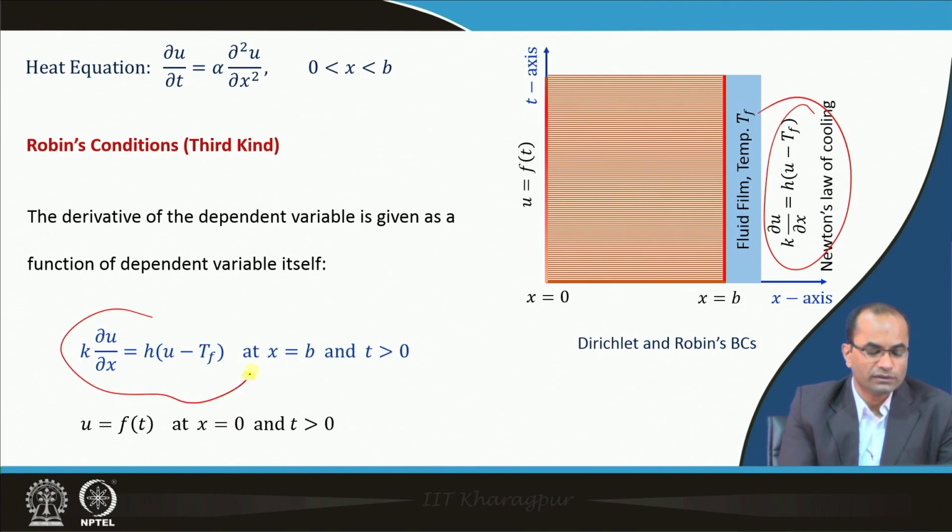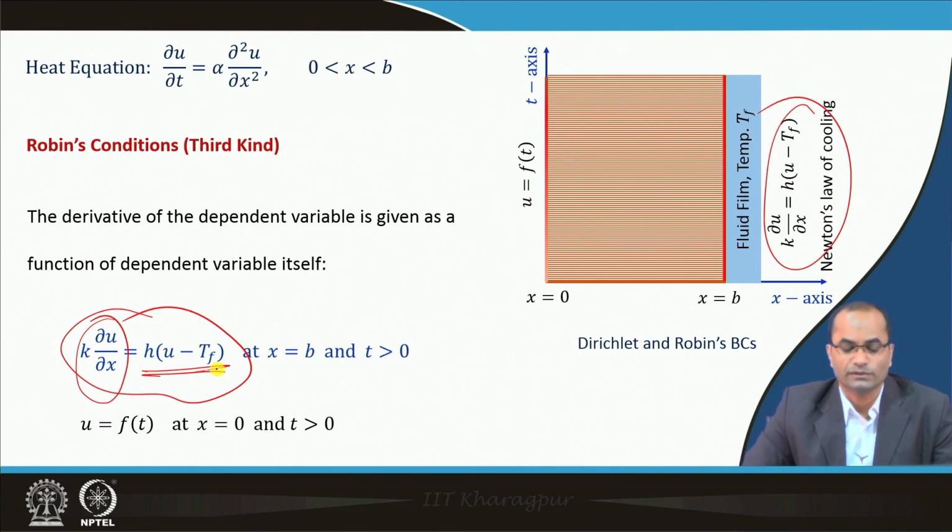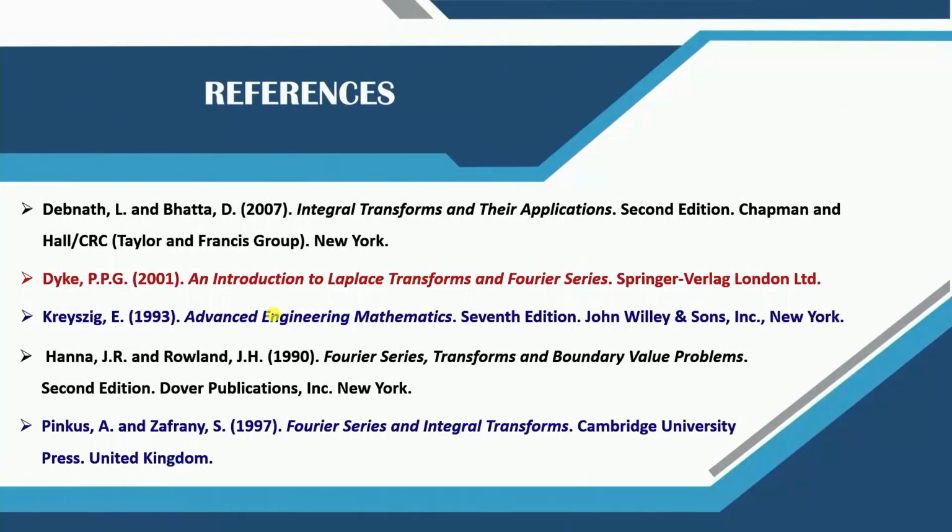The third one is the most difficult one, where the derivative is again a function of the dependent variable. So, the handling of this boundary condition is the most difficult among these three. These are the three types of boundary conditions we have discussed associated with the heat equation, but we can extend this idea to any other equation, for example, the wave equation or the Poisson or Laplace equation.